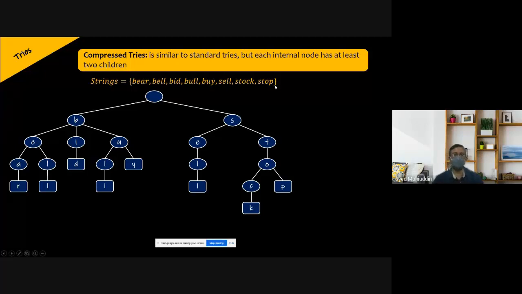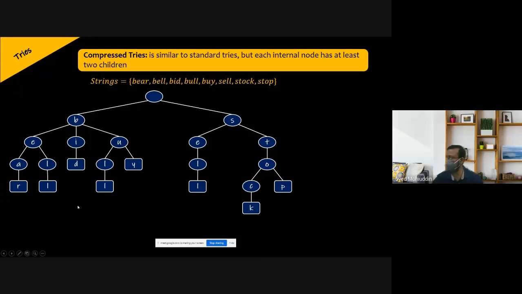Compressed tries are similar to standard tries, but that's the constraint here: each internal node, remember it's not the leaf node, which will not have any children, has at least 2 children. So if there is one child for a node, that is compressed into the node, so that we save on the number of nodes that get created.